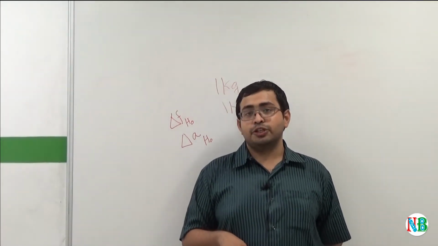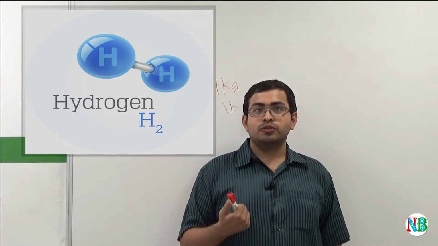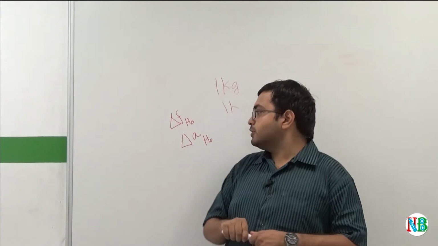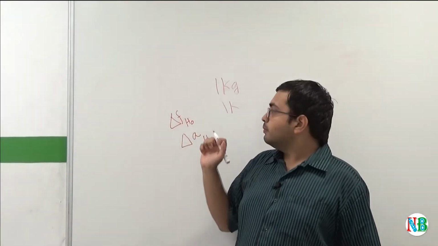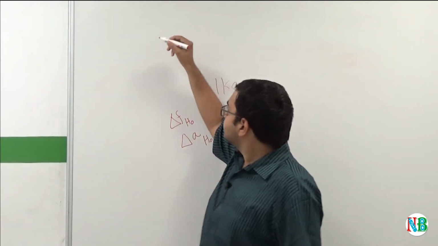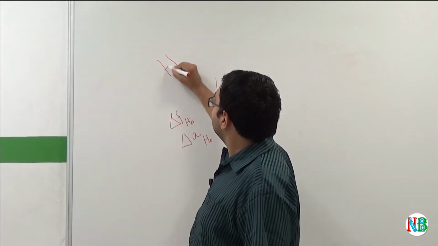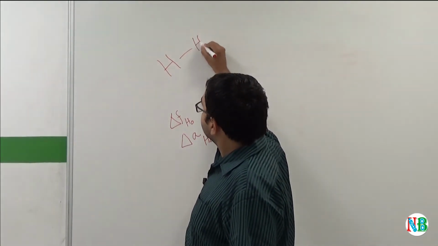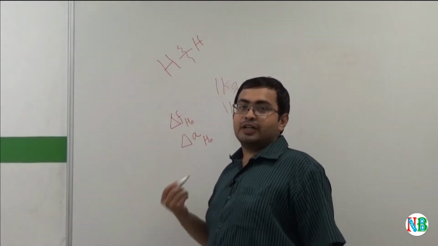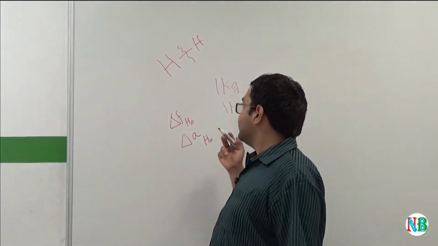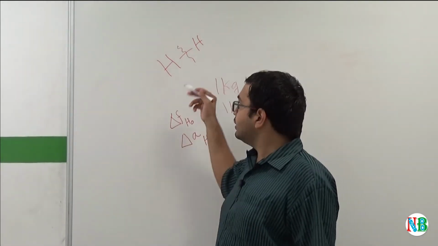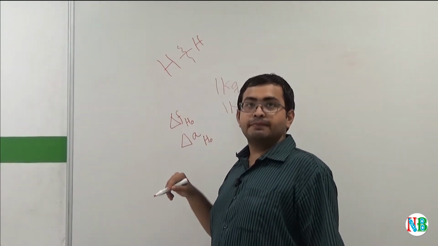In case of diatomic molecules like dihydrogen or H2, the enthalpy of atomization is also the bond dissociation enthalpy, because there are only two atoms, right, in the dihydrogen molecule, H and H. So when we are breaking this, the amount of enthalpy which is spent is equal to the bond dissociation energy, because the bond between the two hydrogen atoms is breaking.